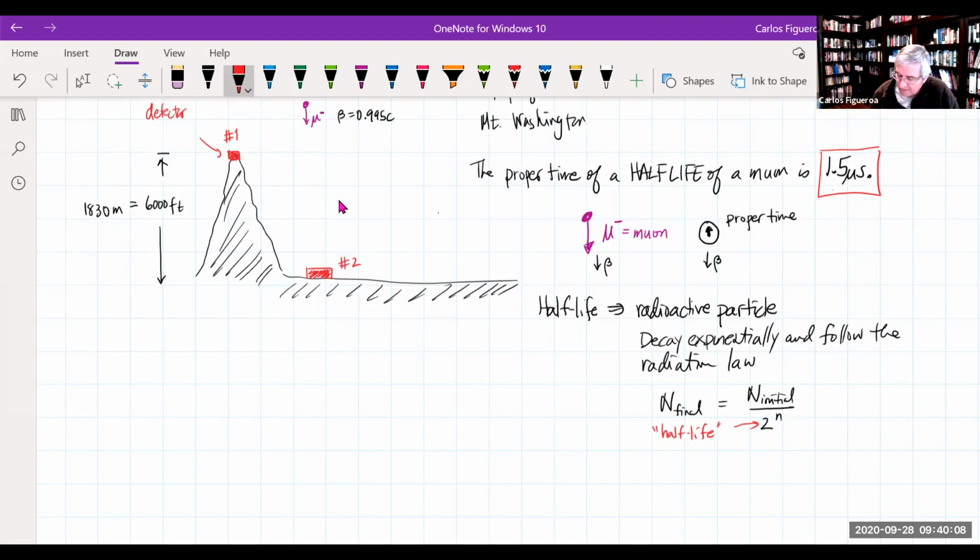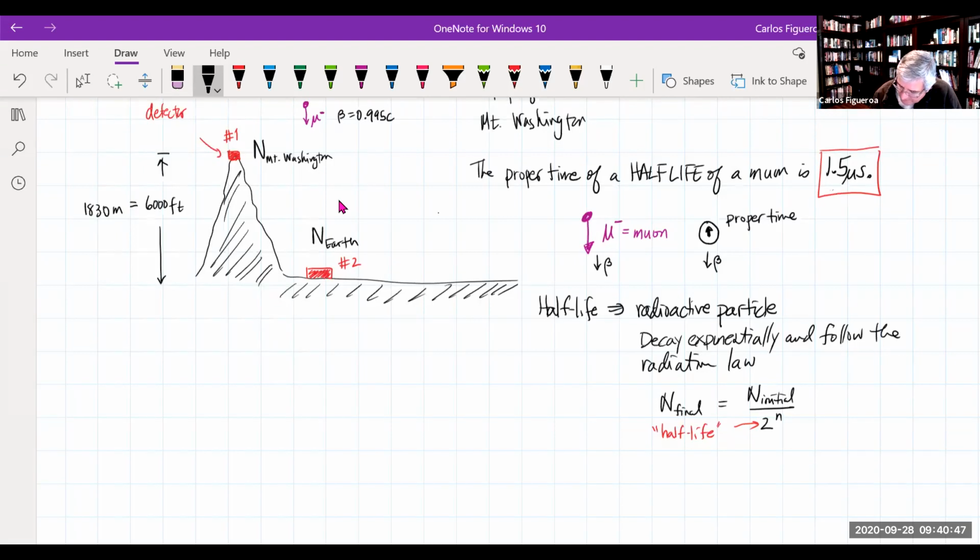And I'll explain a little bit more detail on here. So if I now go back to our problem, initially at 6,000 feet or 1830 meters, they're going to measure the number of particles at Mount Washington, and I'm going to compare them to the number of particles at the surface of the Earth.